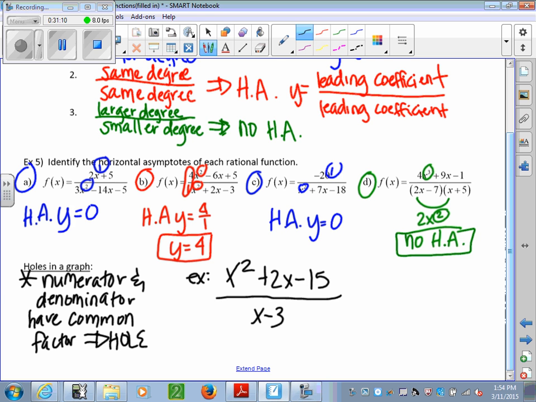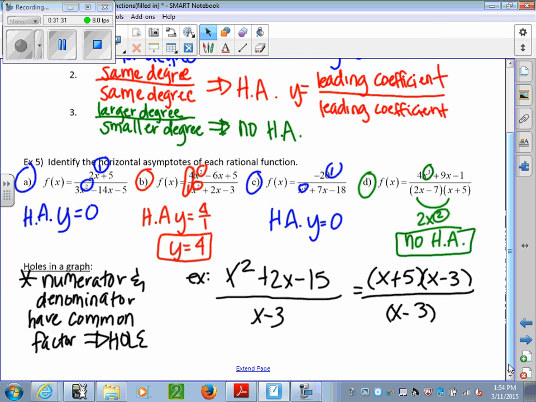Well, I have to know my factors to be able to even decide if they have common factors, right? So first thing I need to do is factor my numerator. If I factor this, I get x plus 5 times x minus 3, all over x minus 3. Notice I have a common factor. I have an x minus 3 in the numerator and an x minus 3 in the denominator.